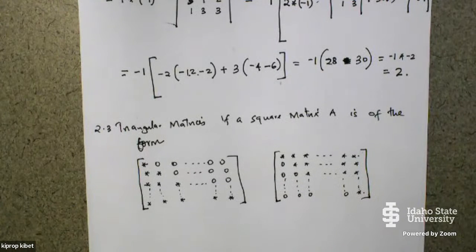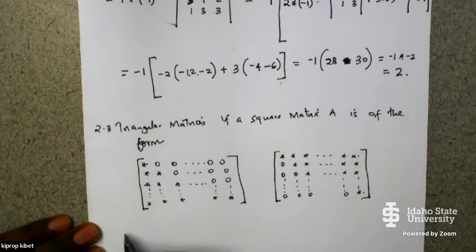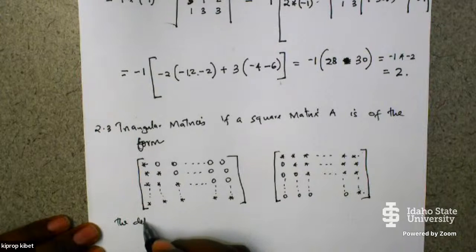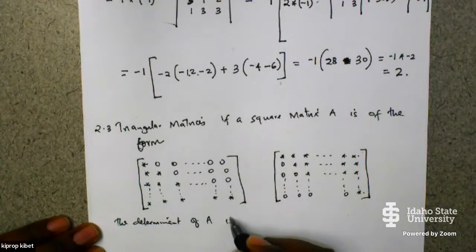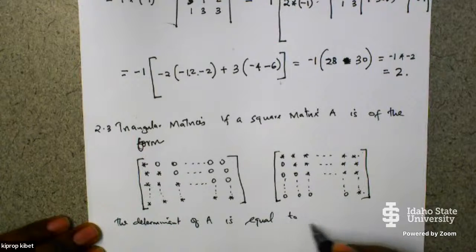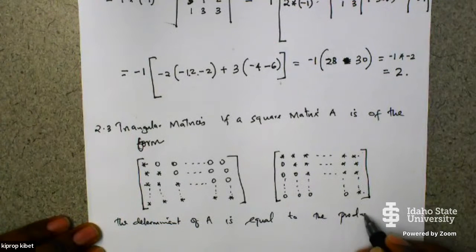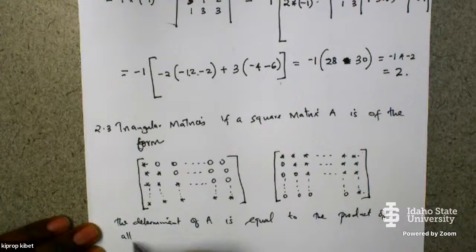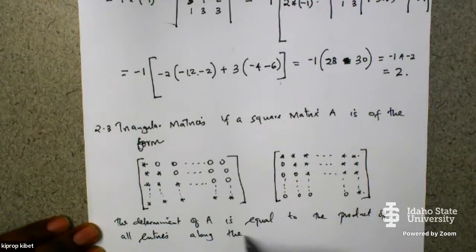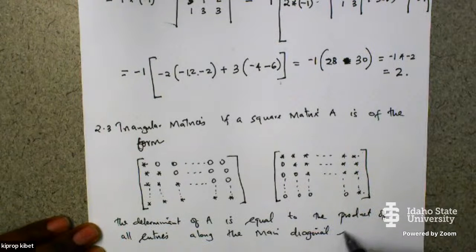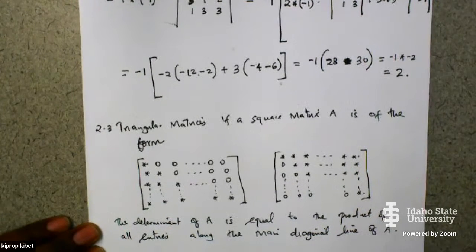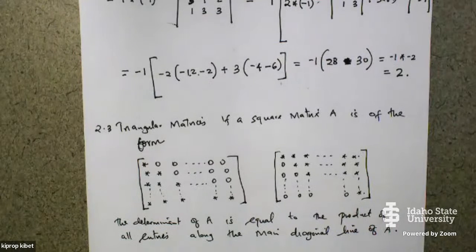So the determinant of A is equal to the product of all entries along the main diagonal line of A.